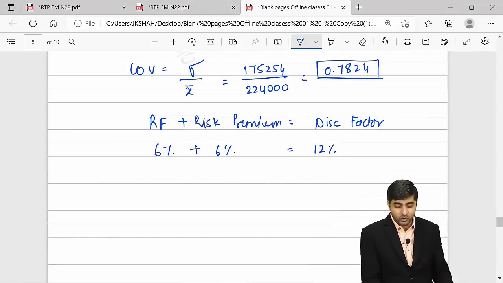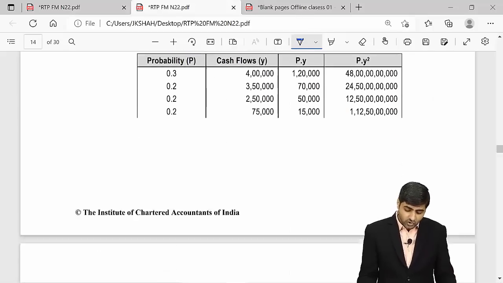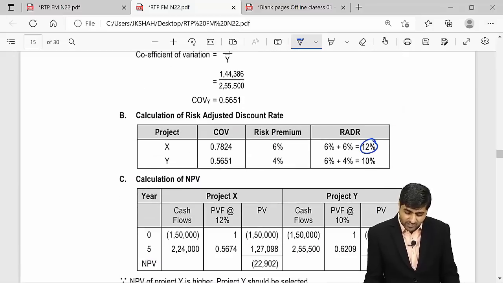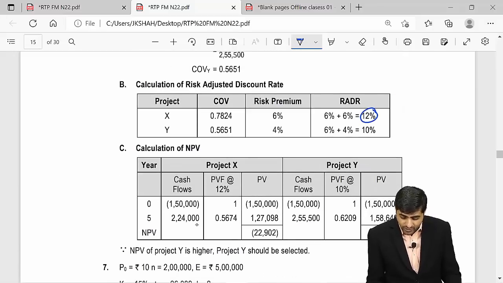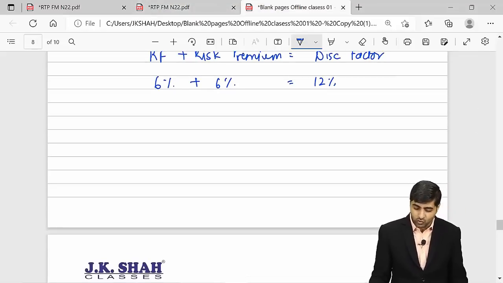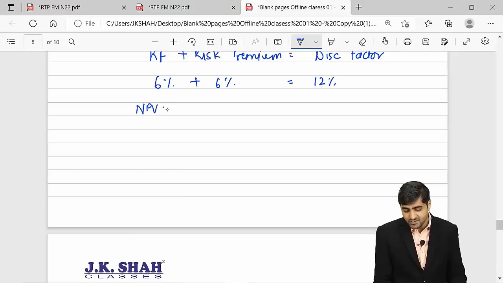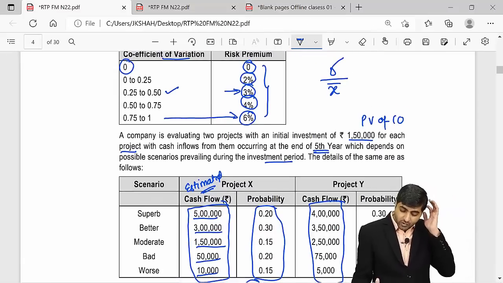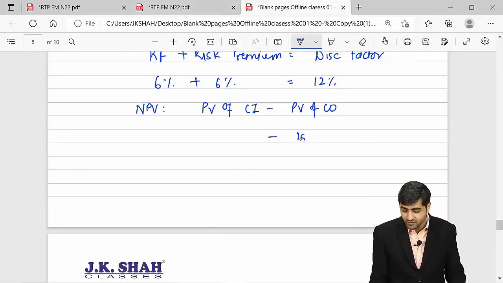So now what should you do? This 12% will now be used as your discounting factor to calculate your NPV. To calculate your NPV, you know that NPV is nothing but PV of CI minus PV of CO. Your PV of CO is 1,50,000.